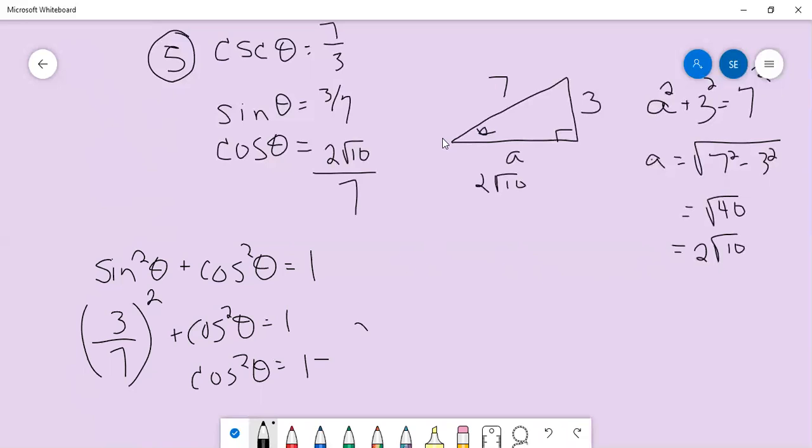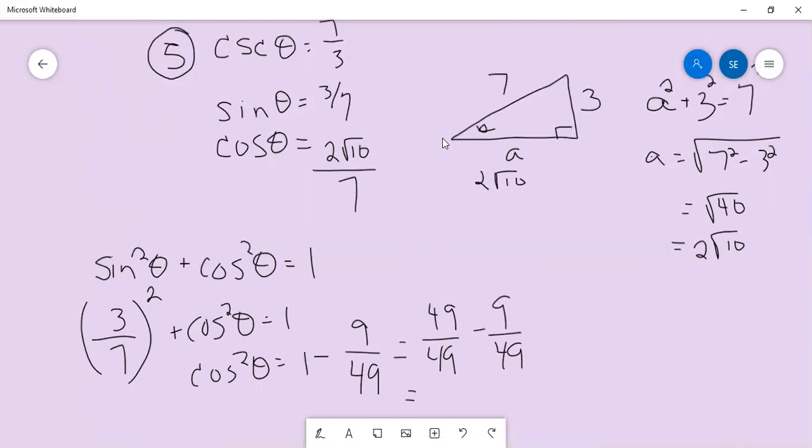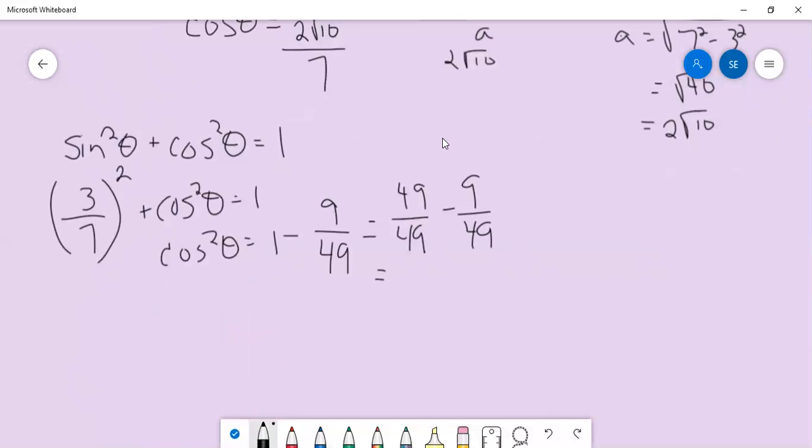So 3 squared is 9. This is over 49. And again, this is going to equal 1 is 49/49 minus 9/49. This equals 40/49. This is our cosine squared, so we can take the square root of both sides.